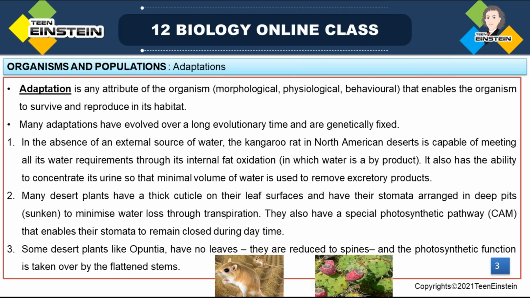Next, another example. Next example is xerophytes. Xerophytes, you know that they are desert plants, and they are called xerophytes because those plants which are found in desert need very less water.